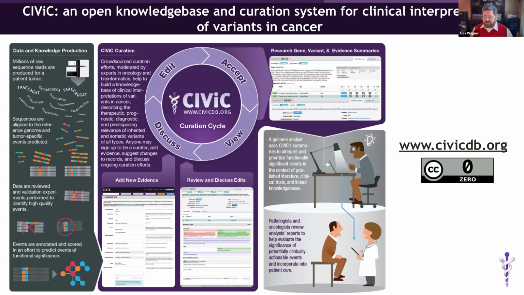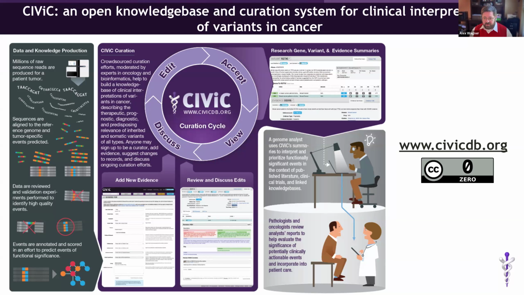All the content submitted to the Civic knowledge base is CC0. It's public domain, so there are no restrictions on the reuse of the data submitted into Civic, which makes it very accessible for downstream resources and tools. Now, the other part about Civic is that we also have a community of expert editors.